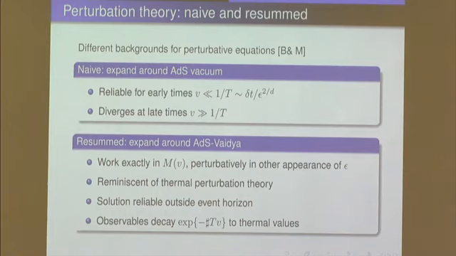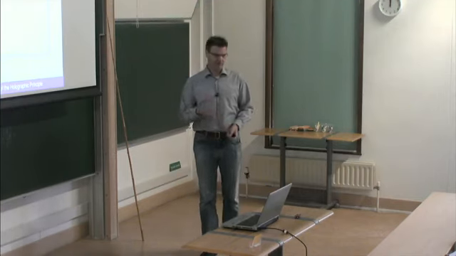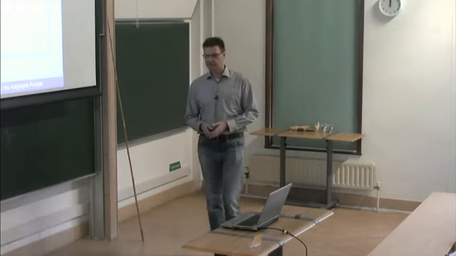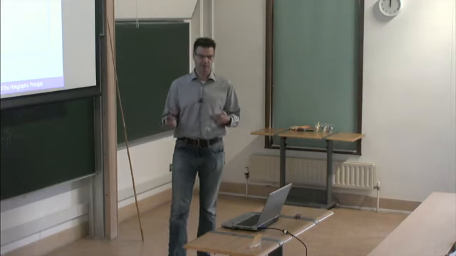Okay, so now what's more clever is to reorganize the perturbation theory a little bit, like what one does in field theory at finite temperature, where you also have divergences, but you can adjust for that by modifying the propagators.